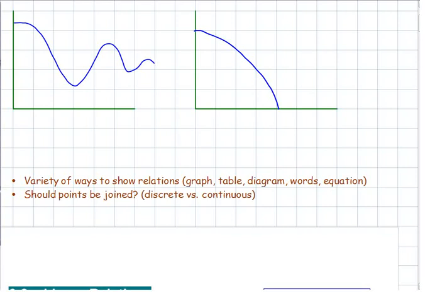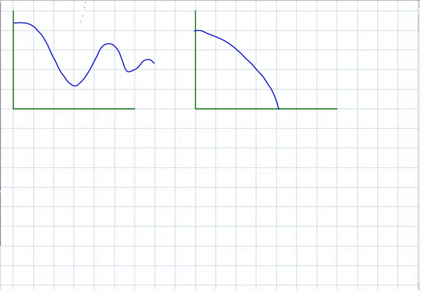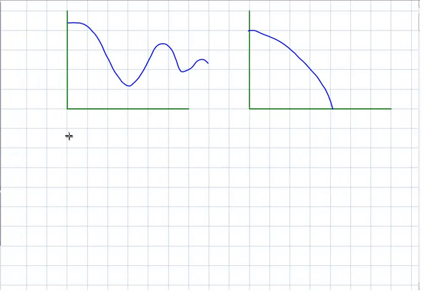So let's make some more space here and try to draw one other one. This is going to be something linear. Let's say we started at 4, and then we had a line here that went like that.